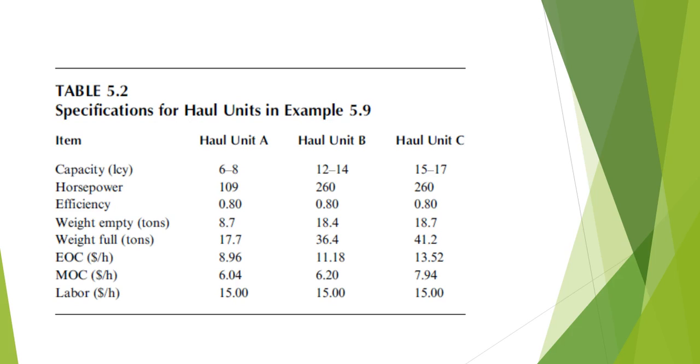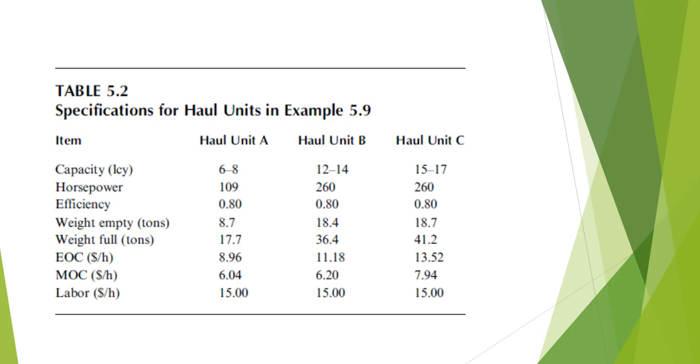You see that the larger the capacity, the more the vehicle is going to weigh, both full and empty. And you see that the operating costs and the maintenance costs go up also as the vehicle capacity gets bigger. Labor stays the same. You generally pay your drivers the same whether they drive a small truck or a big truck.